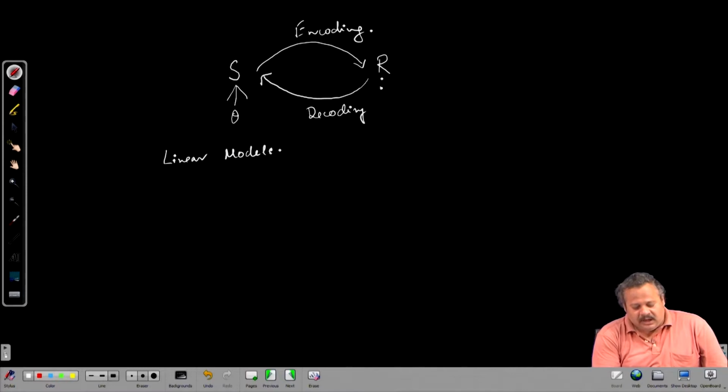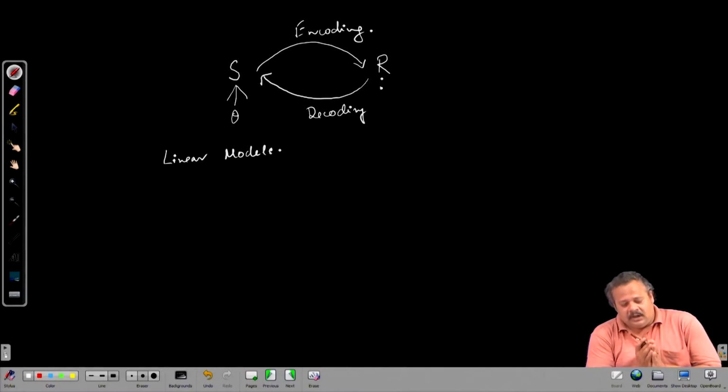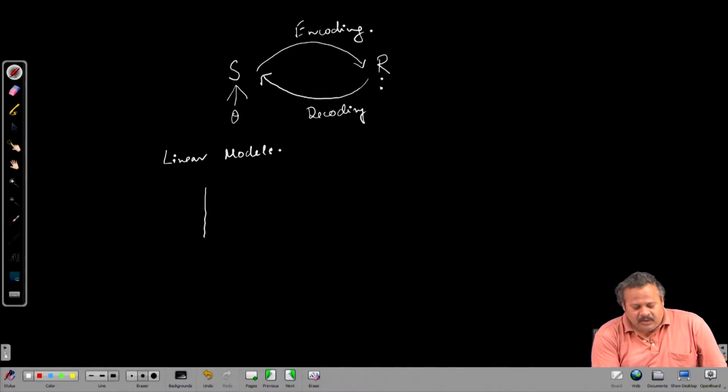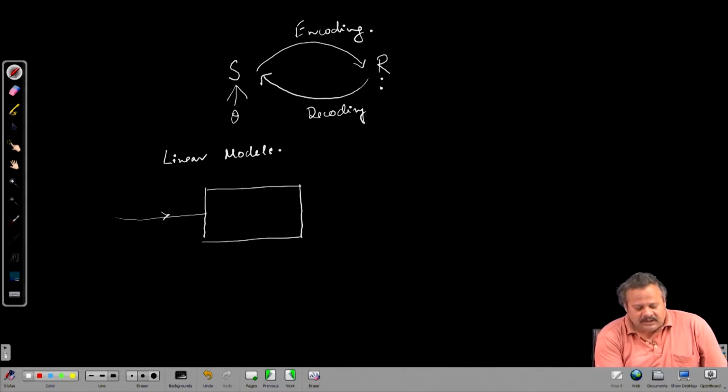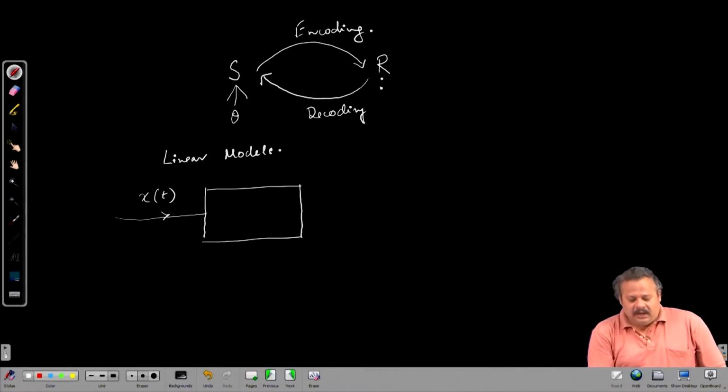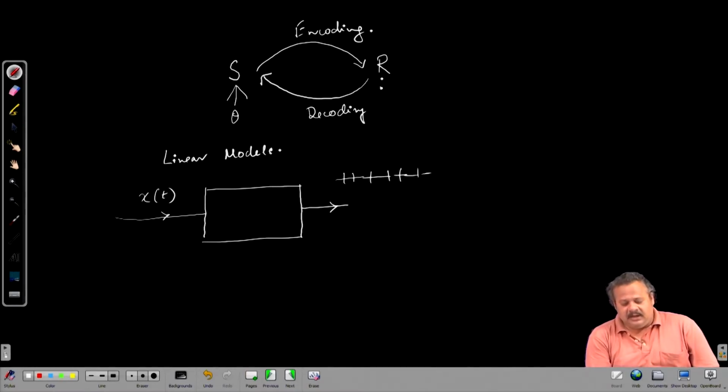So if we recollect how we have developed the idea of spiking by neurons, we can actually say that we have sort of a box from the stimulus world. Let us say we have x(t) as the stimulus, and ultimately what we are observing is a set of spike trains, or a set of spikes as a spike train.